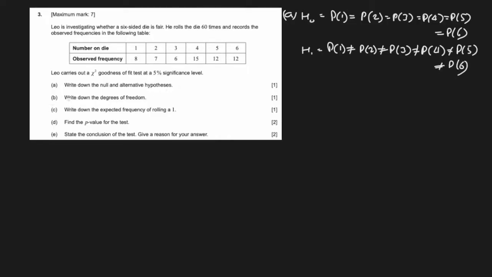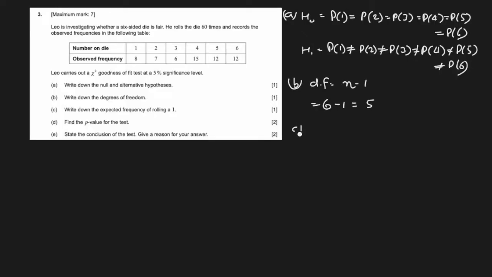Alright, part B, write down the degree of freedom. So the degree of freedom is always n minus 1. So we have 1, 2, okay, we have 6. So it will be 6 minus 1 equal to 5 in this case.